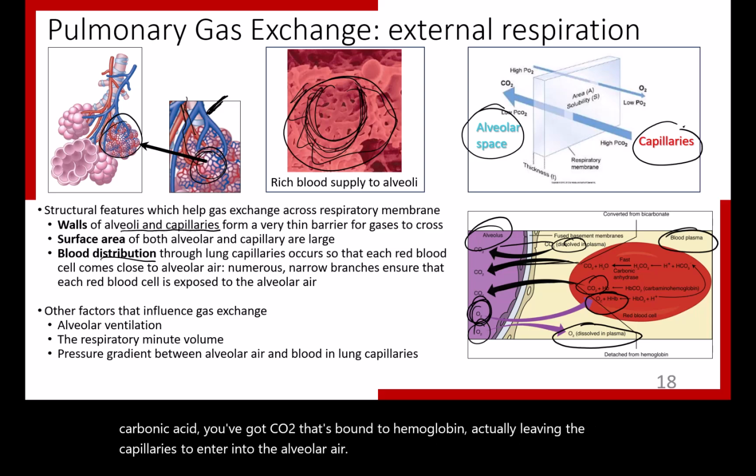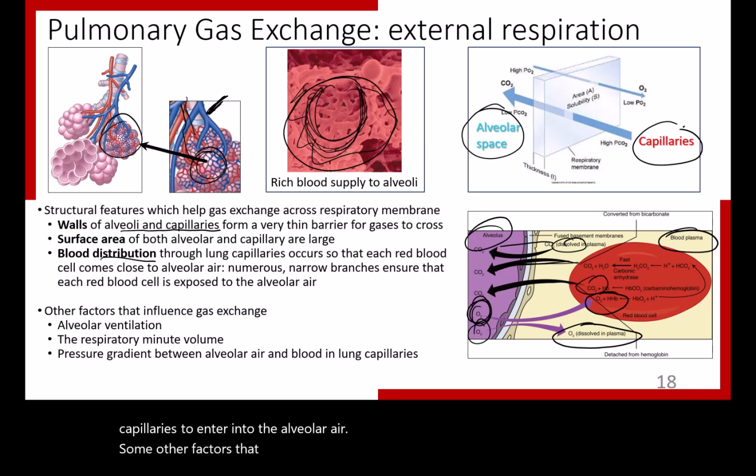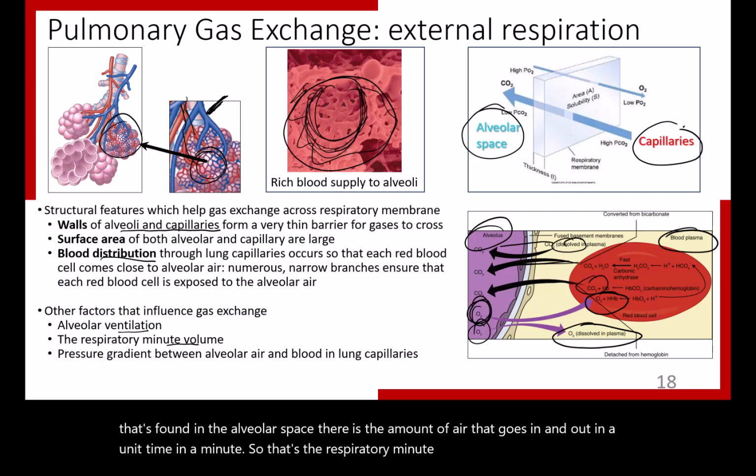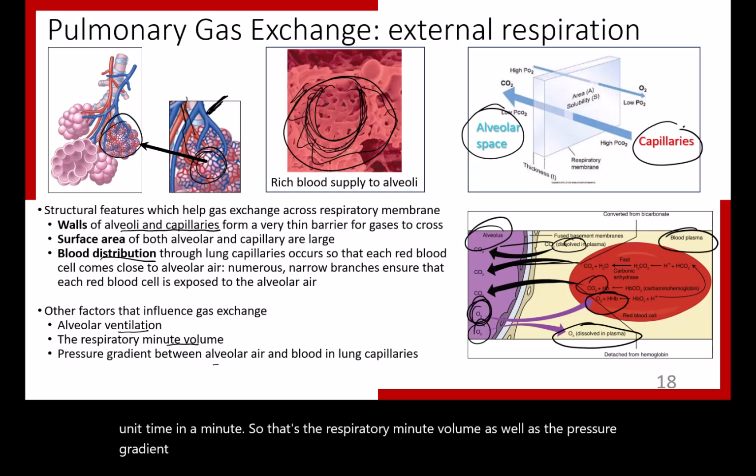Some other factors that influence gas exchange are the alveolar ventilation, so the air that's found in the alveolar space. There is the amount of air that goes in and out in a unit time, in a minute, so that's the respiratory minute volume, as well as the pressure gradient between various different gases in the alveolar air compared to the blood in the lung capillaries.